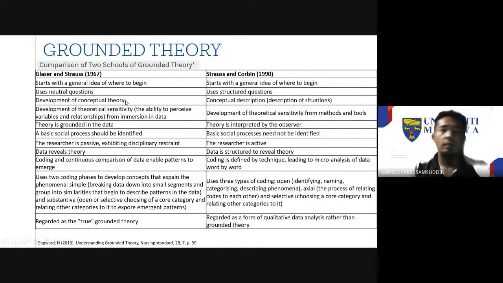This one is based on previous theory, for example. This one, theory is grounded in data. Theory is interpreted by the observer. So these two types of grounded theory can be implemented within your current research. But usually we apply this first one, right?